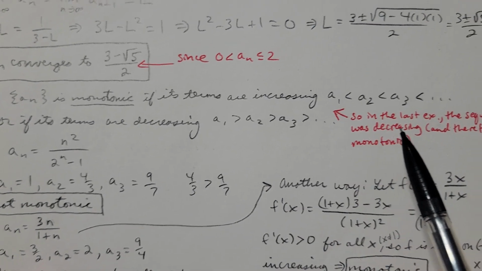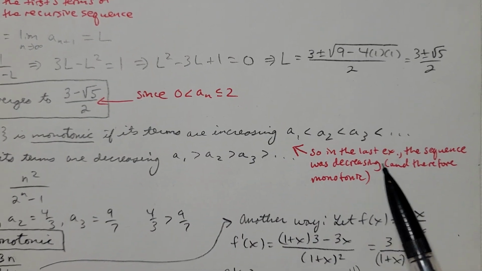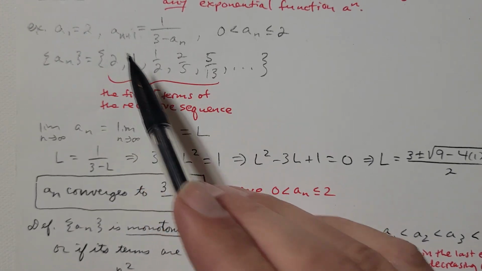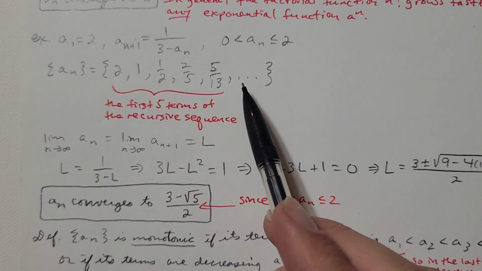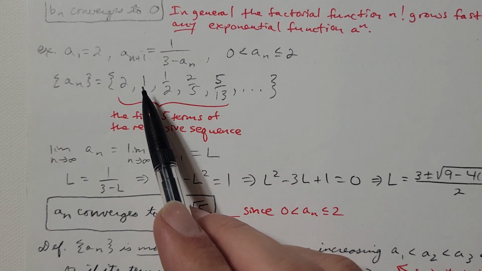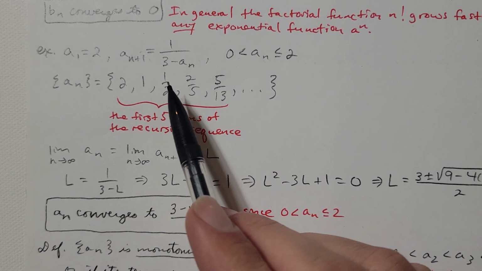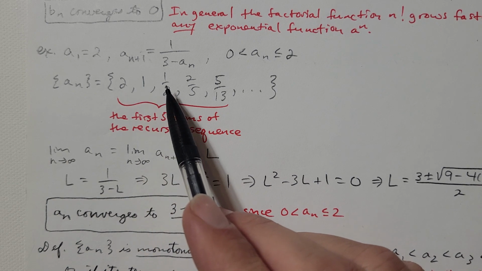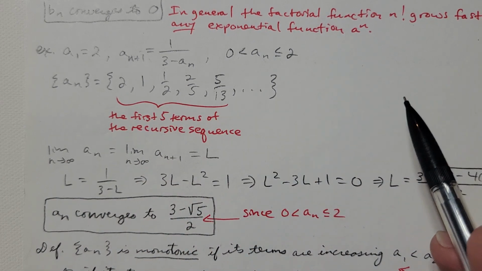Now, in the last example, this is an example of a monotonic sequence because when I list out these terms, they're decreasing, right? So each term after is going to be smaller than the previous one. So 1 is smaller than 2, 1/2 is smaller than 1, 2/5 is smaller than 1/2, etc.